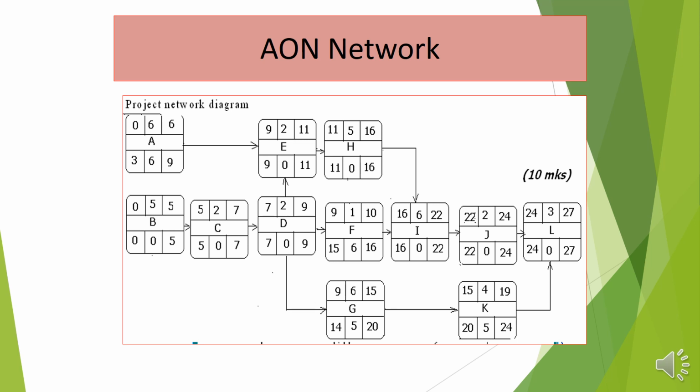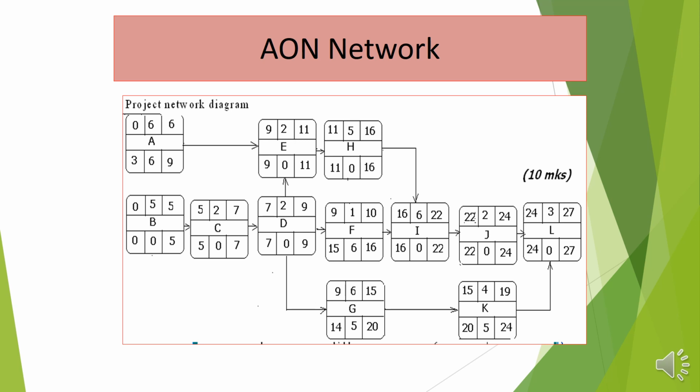Let's look at D. D is the predecessor to F, to E, and G. And F begins at 15. E begins at 9. And G begins at 14. So when does D end?